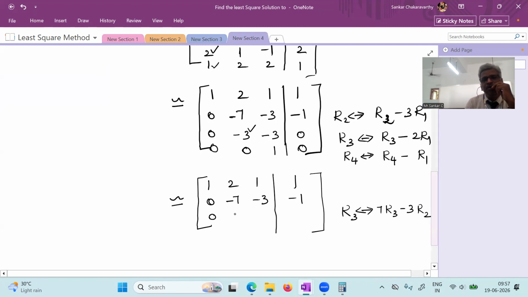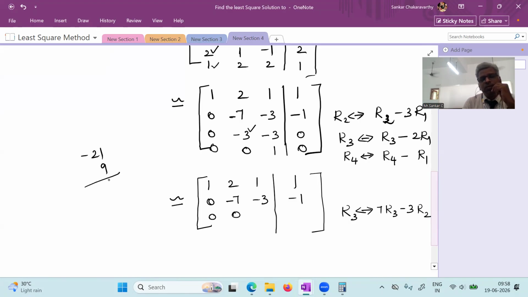Therefore, it becomes 0, 0, 7 into 3, that is 21, minus 21 minus of this one, minus into minus plus 9, that is minus 21 plus 9.